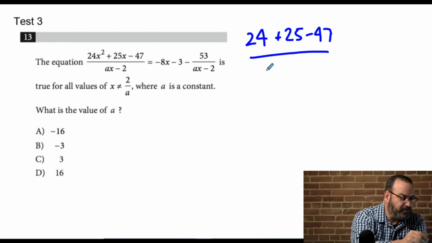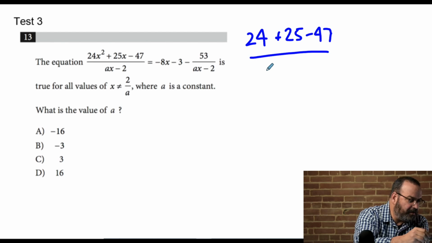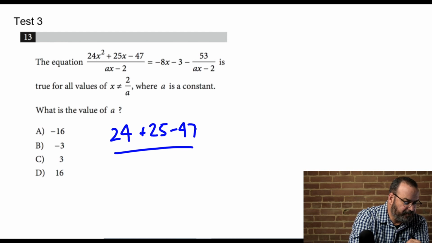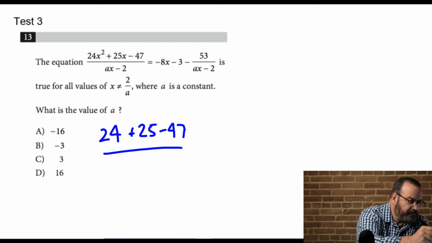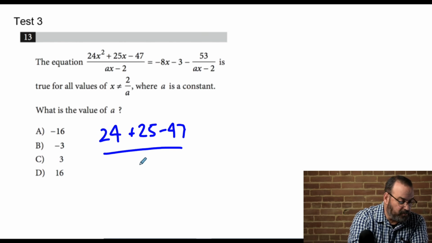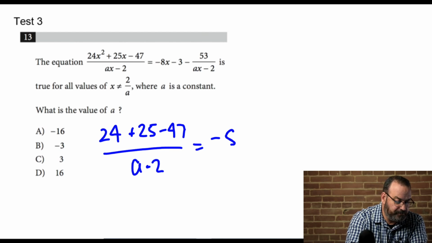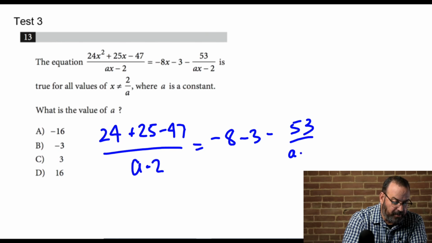I'm going to have to move this. Let's move it down here. All divided by a times 1, a minus 2, is equal to negative 8 times 1 minus 3 minus 53 over a minus 2.